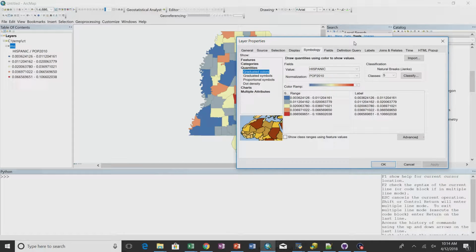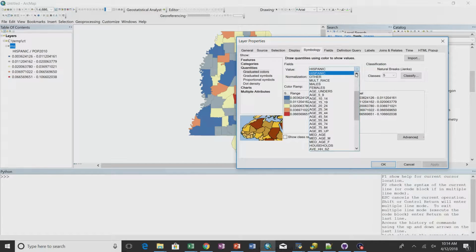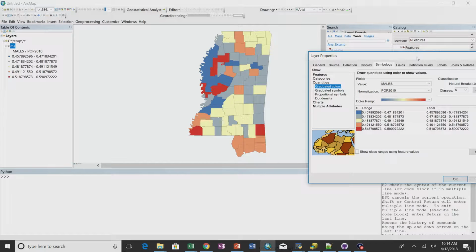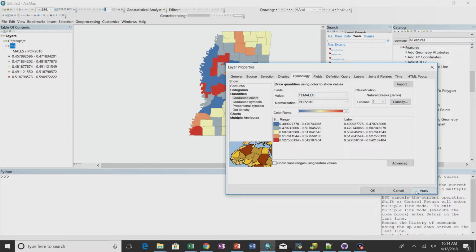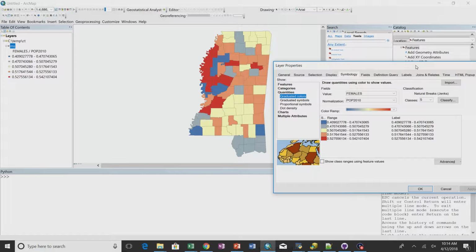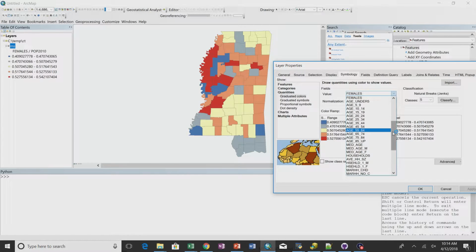That doesn't look like there's a lot of clusters at all. And then I was wondering if males or females wouldn't be very clustered, probably, because people tend to not cluster based on gender too much. So anyway, but maybe Hispanic.